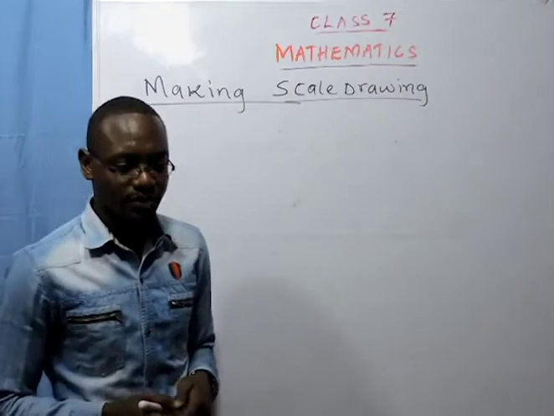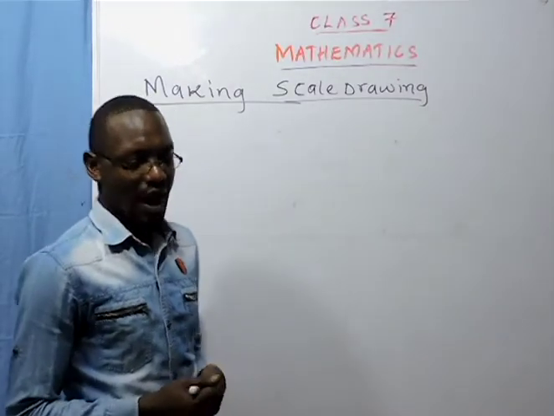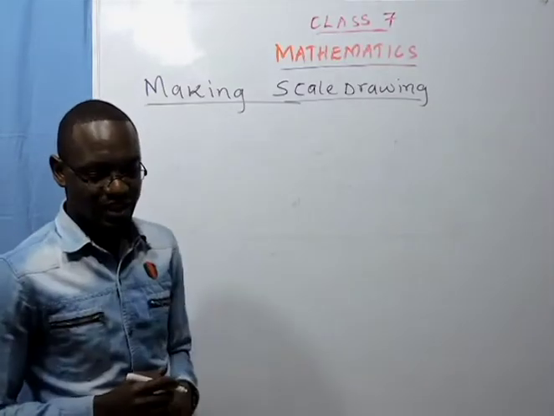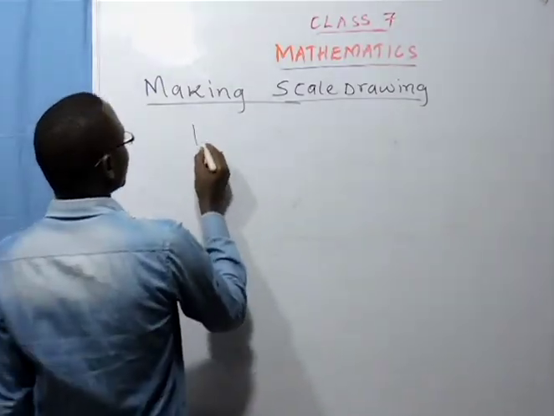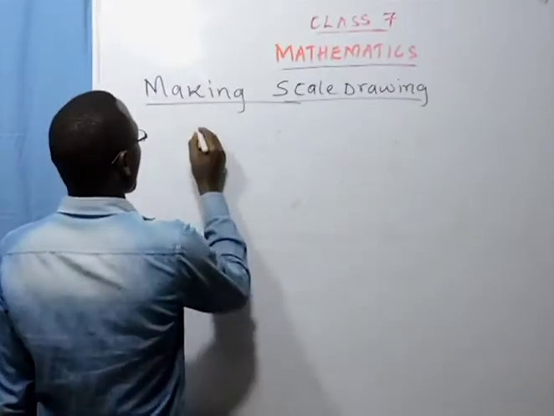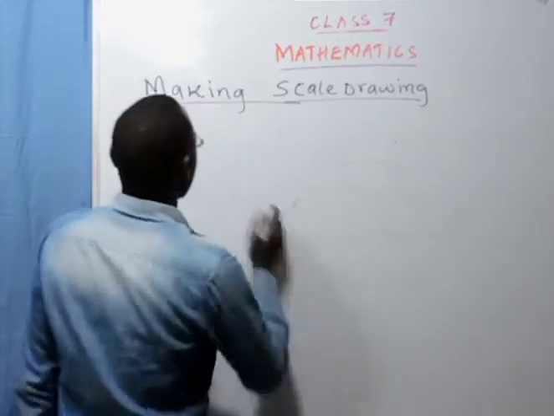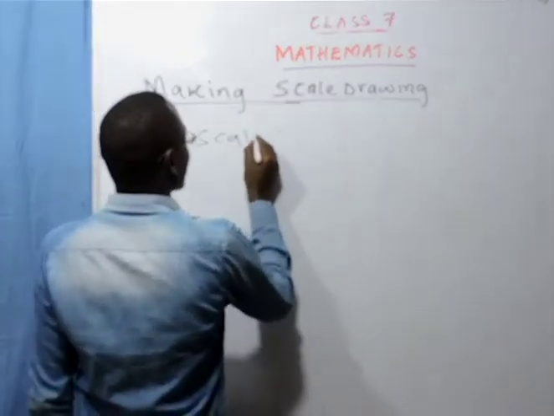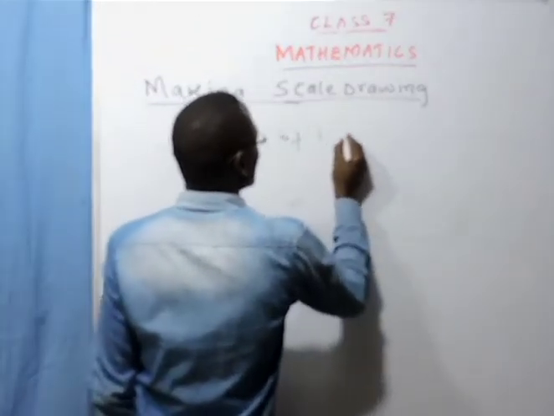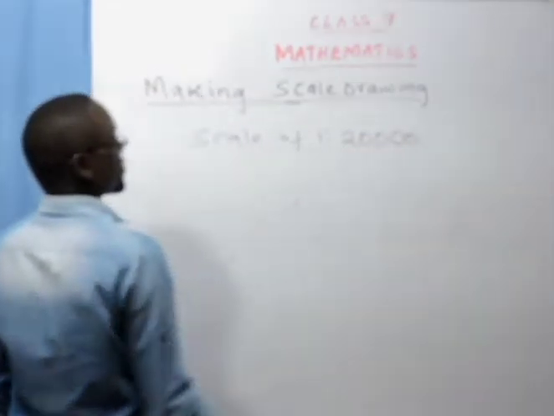For example, you are given an example: a map is drawn to a scale of 1 is to 20,000. That is the scale of the map.